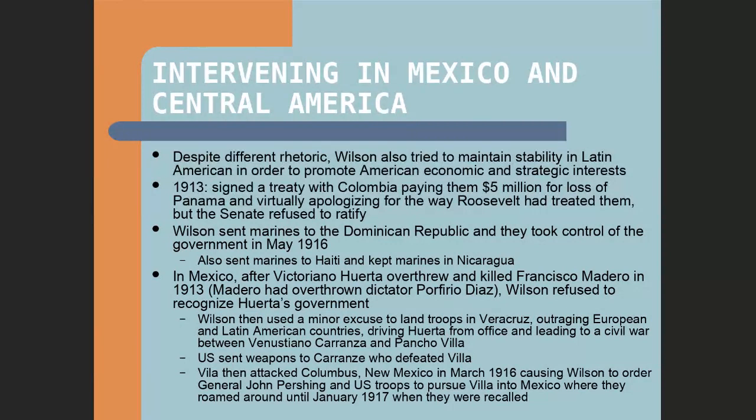But basically, we drive Huerta from office, and the whole country collapses into a civil war again, right? Huerta's gone, and now you've got Carranza and Pancho Villa fighting it out. We are sending weapons to Carranza, and ultimately he wins.